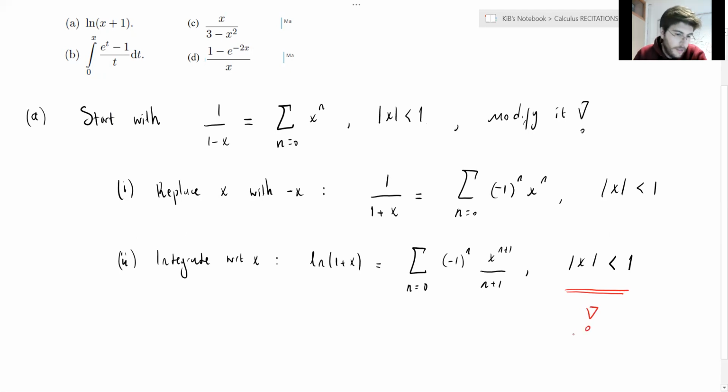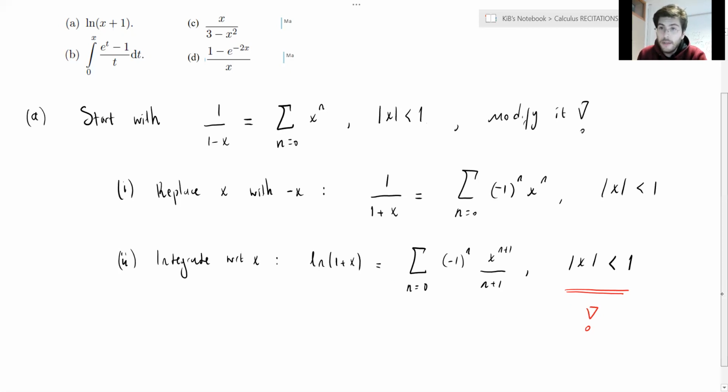Actually, the integrated series converges everywhere on the interval of convergence of the original series, so no problem. But it may possibly become convergent at one or both endpoints.